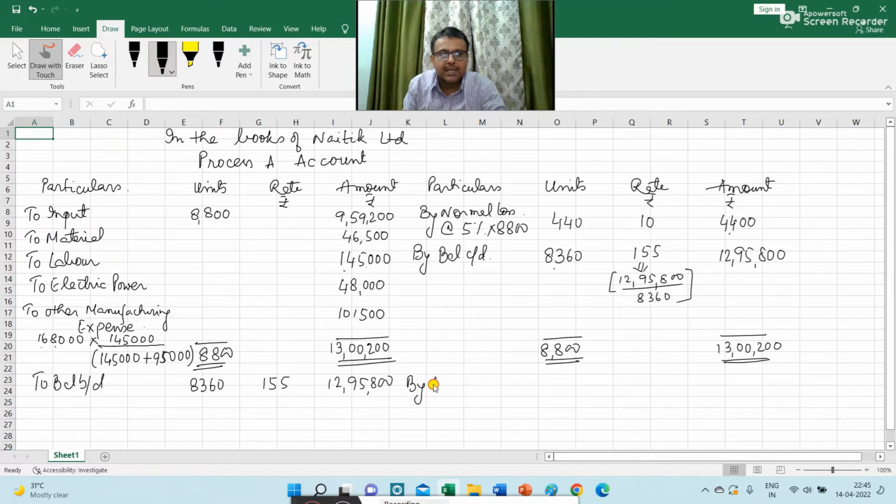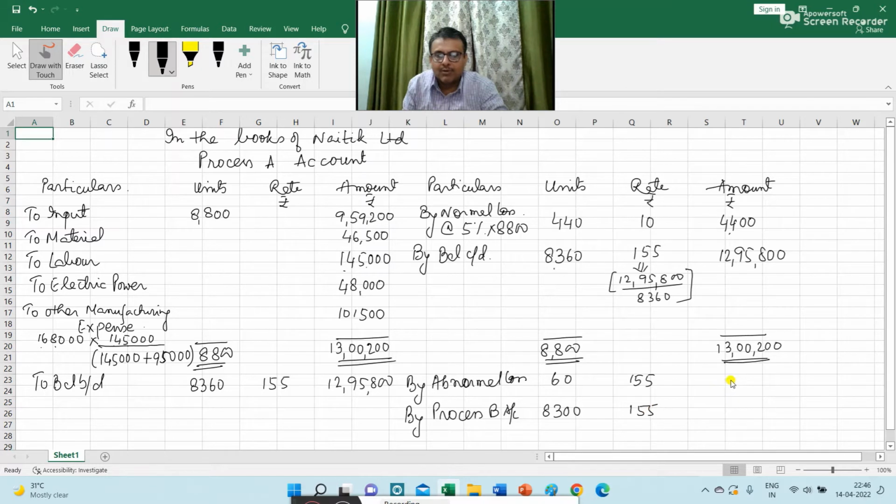So I am writing here by abnormal loss 60 units, and by process B account 8,300 units. So the abnormal loss and the number of units which was transferred to process B, that is 8,300, both these figures will be valued at 155 per unit.